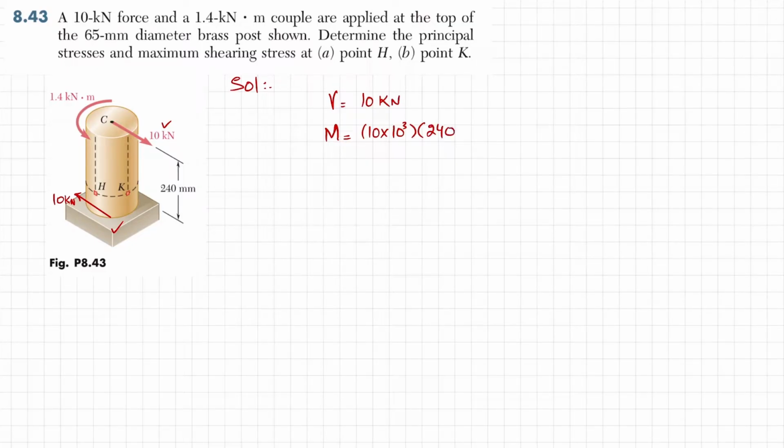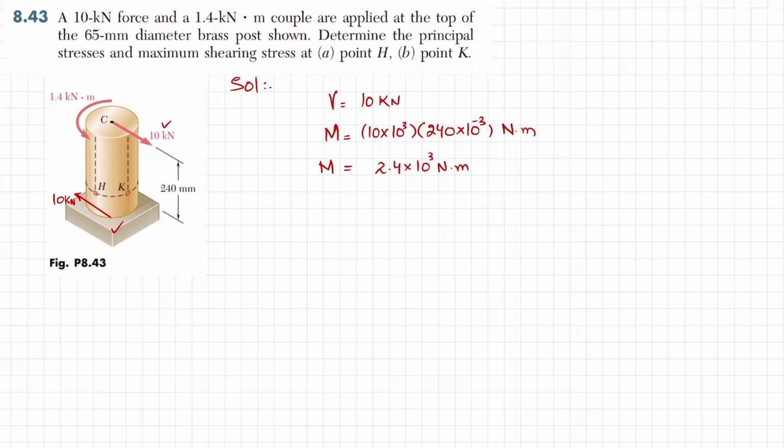So 240 into 10 raised to power minus 3 converts it into meters, and the unit will be newton meter. That gives the moment 2.4 into 10 raised to power 3 newton meter.